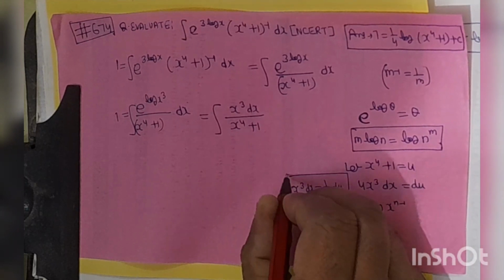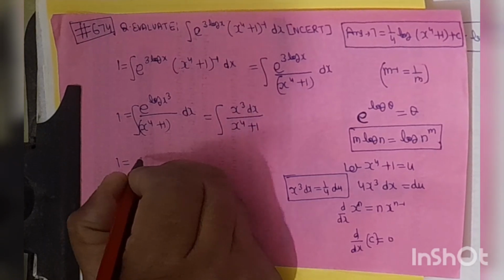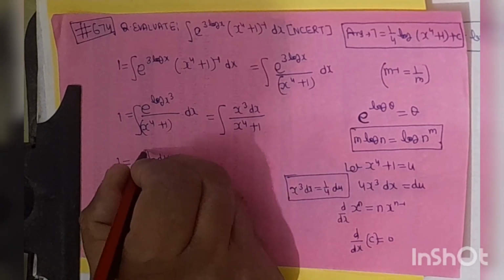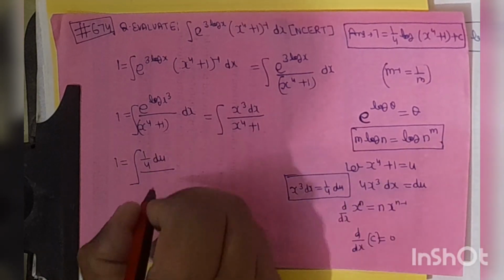So putting this value of x cube dx in the given integration, in place of x cube dx we will write 1 upon 4 du, divided by x to the power 4 plus 1, which is equal to u.